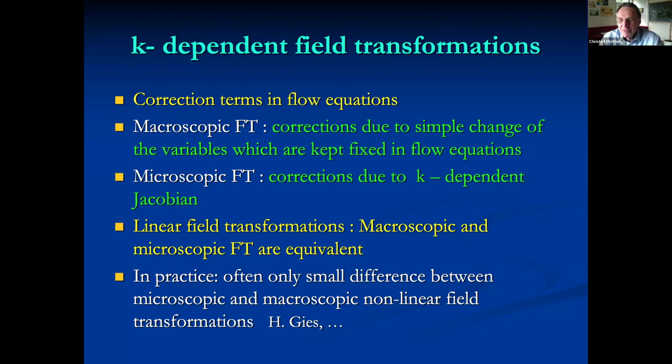Holger Gies, who did the pioneering work on all that, found this was pretty clear from the beginning when we started different versions of field transformations, and there was not a big difference. But in general, there can be a difference. So often does not mean always.